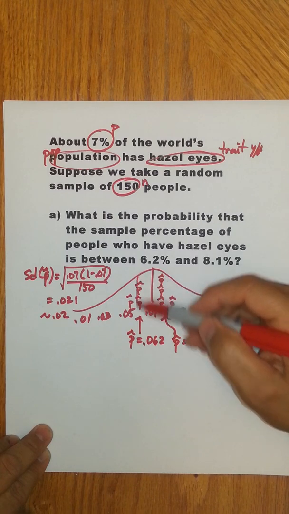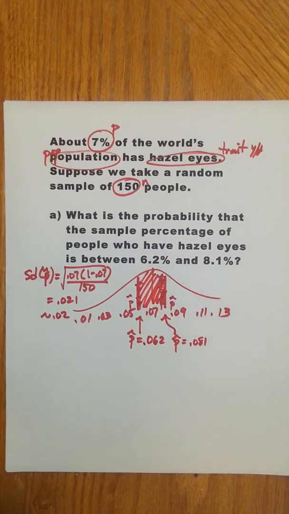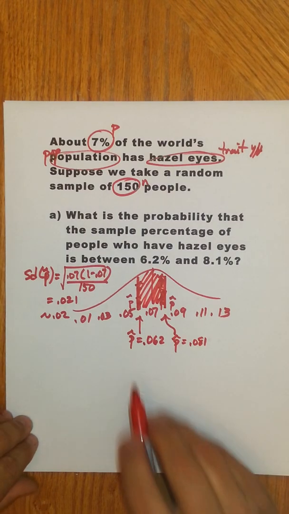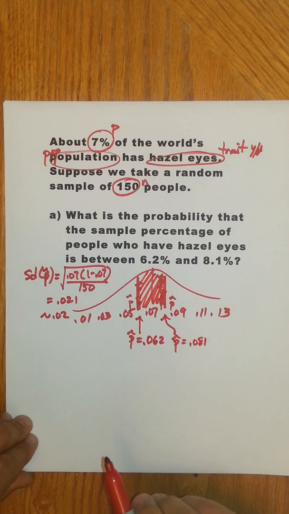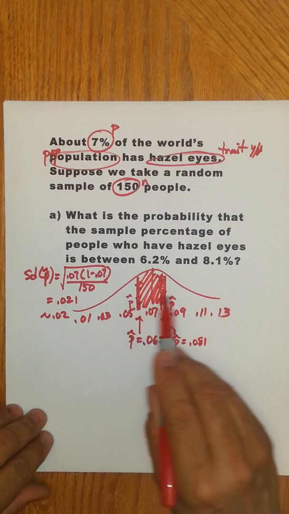So I want to know what's the chance I get a sample percent from here to here. That's really what I want to know. So all I have to do is find a z-score for each one of these sample proportions, and then find the area in between that.